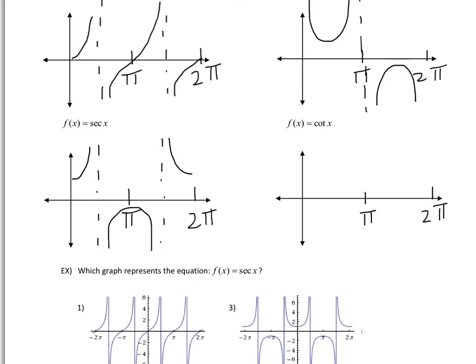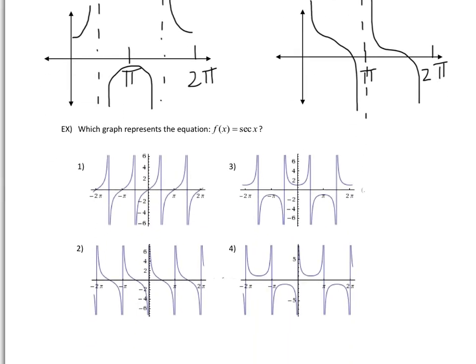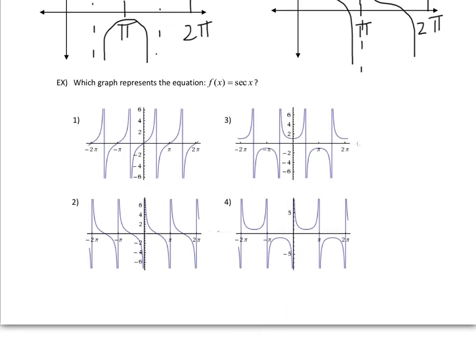And then finally, cotangent is going to have an asymptote at pi, and is going to look approximately like that. Okay, so sketch those graphs, and again tomorrow you're going to answer some questions like this that say which graph represents the equation f of x equals secant of x.